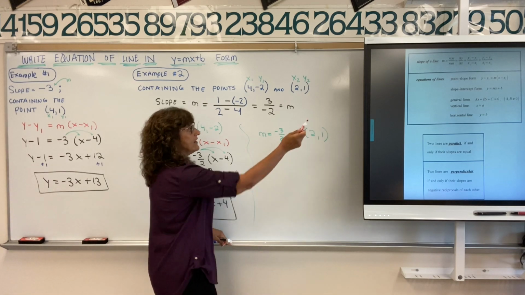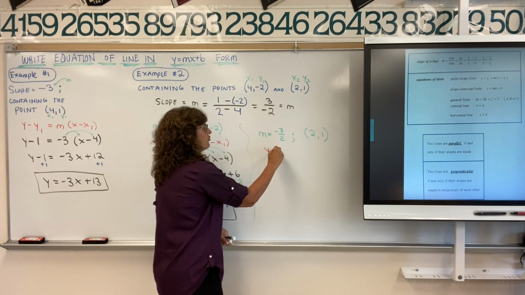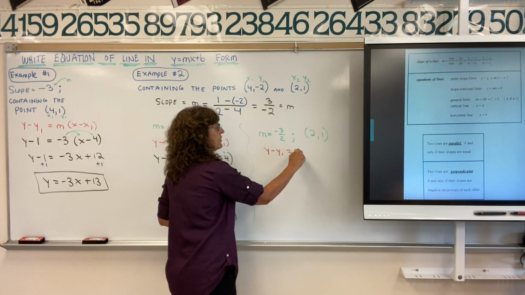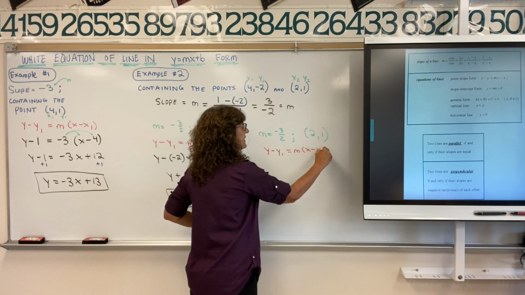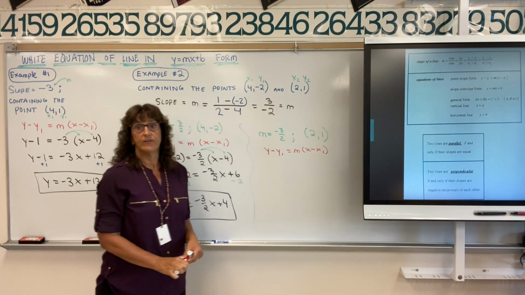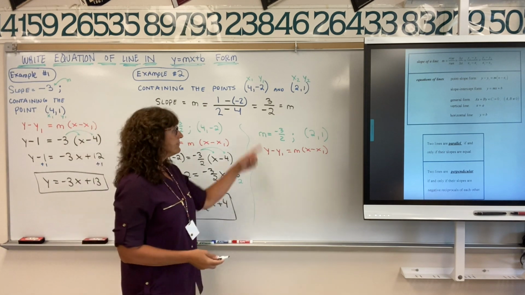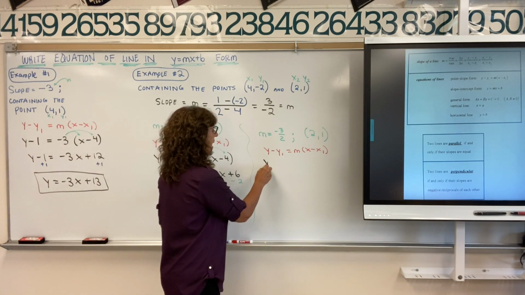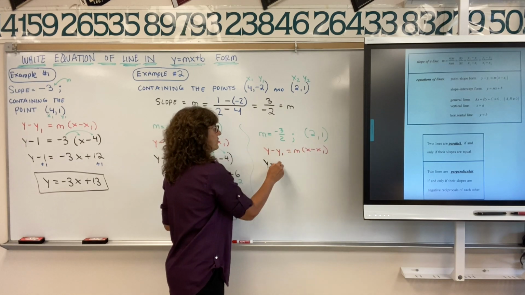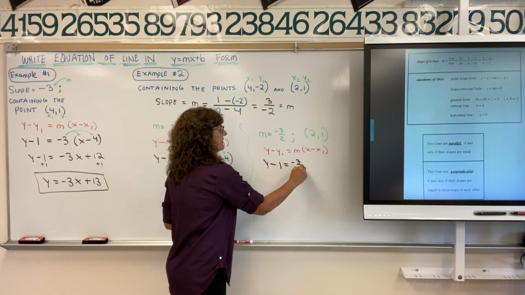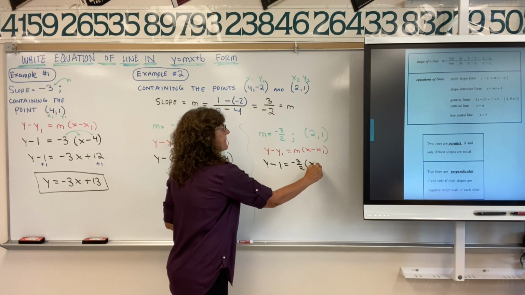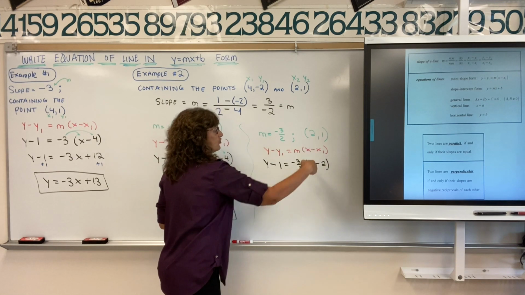Again, we have a point, we have a slope. So y minus the y coordinate equals your slope, quantity x minus the x coordinate. If you have a point and a slope, that's point slope form. Substitute: y minus your y coordinate, which is 1, equals the slope, negative 3/2, times x minus your x coordinate, which is 2.